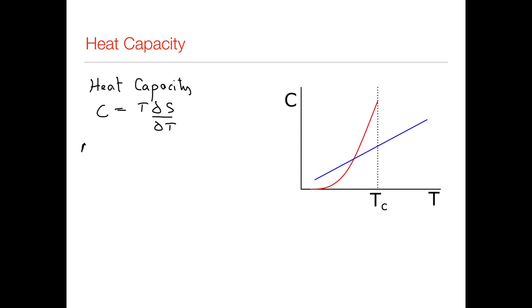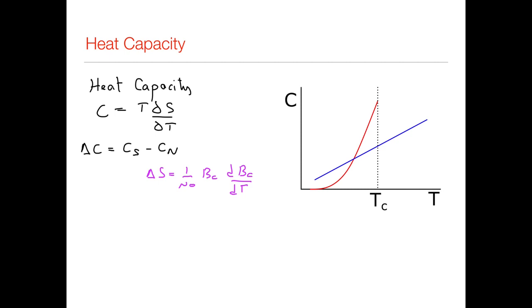We can define the change in heat capacity, which is the heat capacity of the superconducting state minus the heat capacity of the normal state. Just to remind ourselves of the previous formula that we had: delta S was equal to 1 over mu naught Bc dBc/dT.